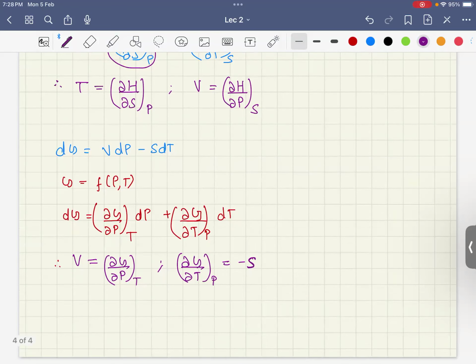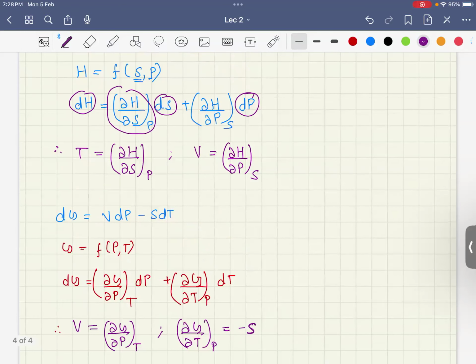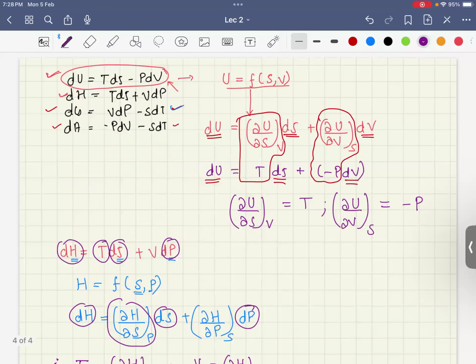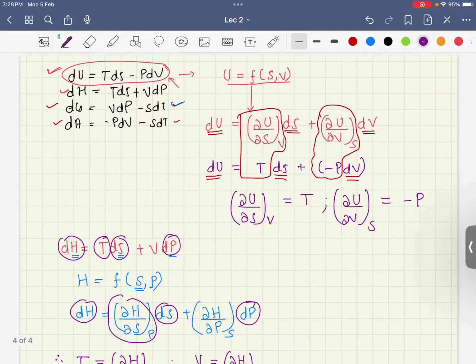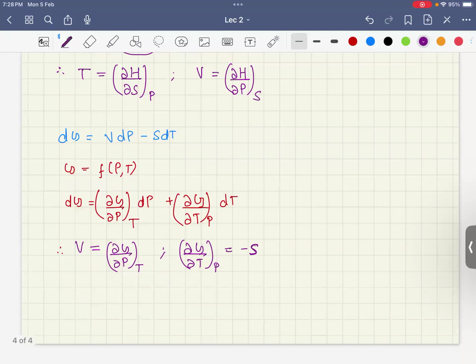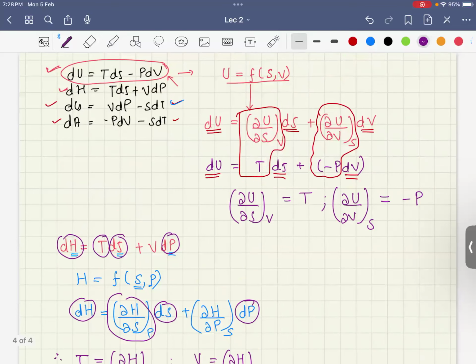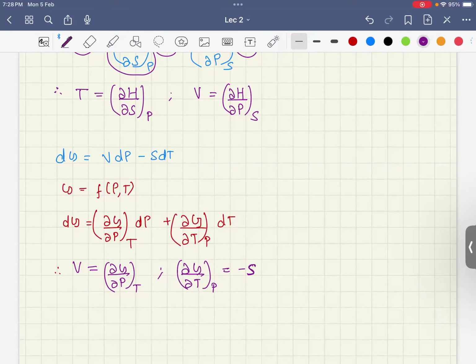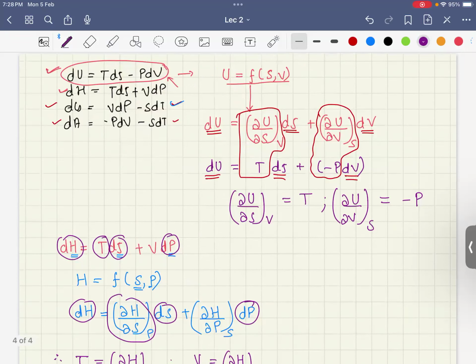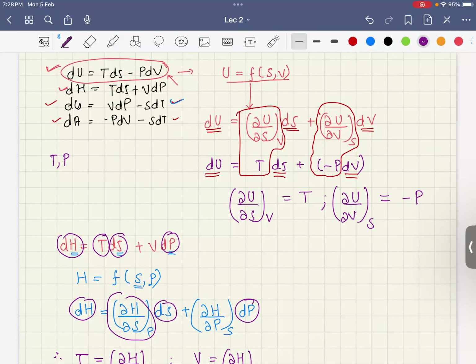Whatever analysis we are going to come forward with is going to involve these partial derivatives. For example, let us assume that you have a container with some gas, and you are heating the gas.